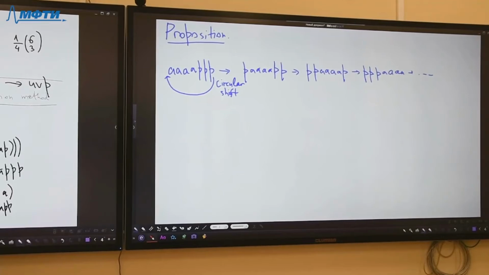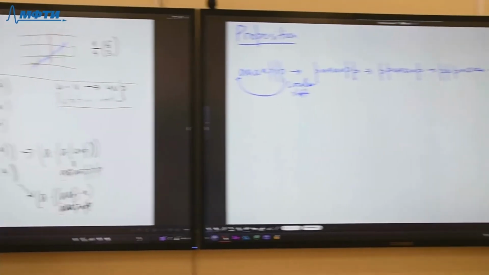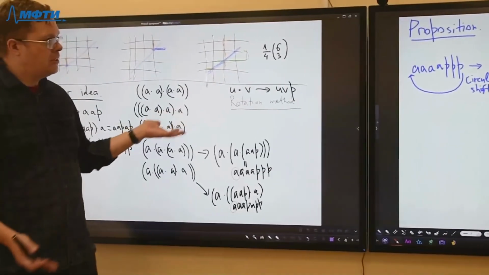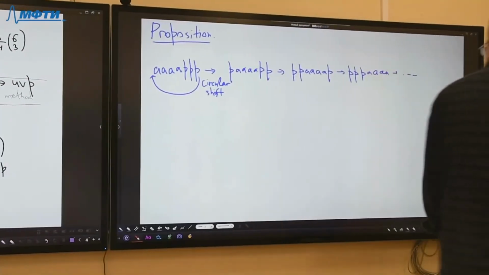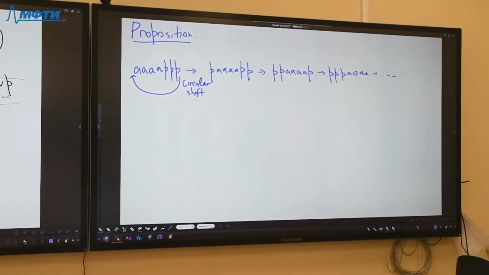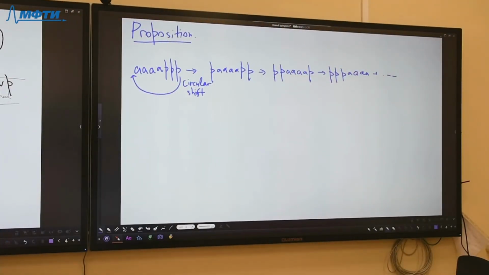So each of these sequences can be shifted or rotated, and I want to prove that I always get different sequences.